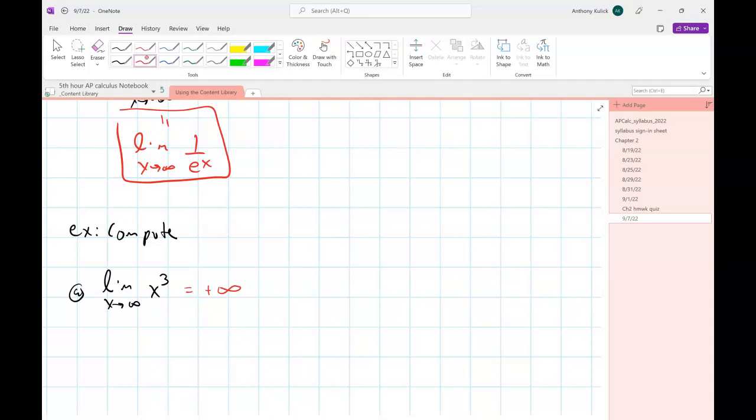If I get something huge and I cube it, still huge, right? What if we do the other way? Go to negative infinity. Because it's 3 negatives. Yep, 3 negatives still make a negative.